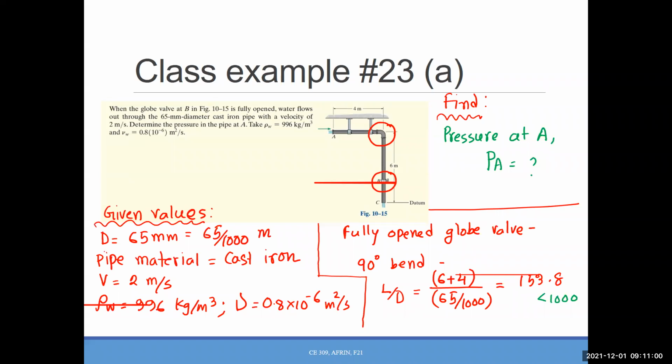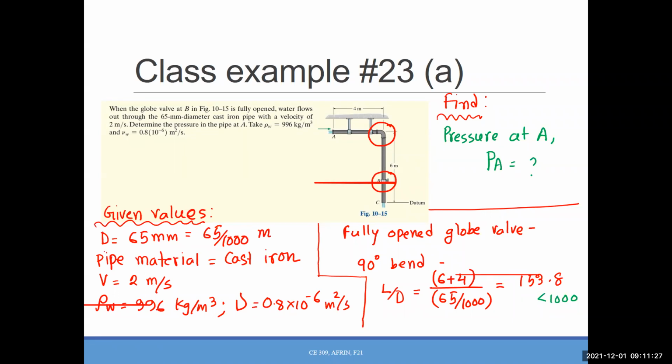So that's what we will do. And as I said multiple times, usually we always use the energy equation in between 2 points. Literally any 2 points we can choose, but it will be wiser if we choose some points where some value is 0.